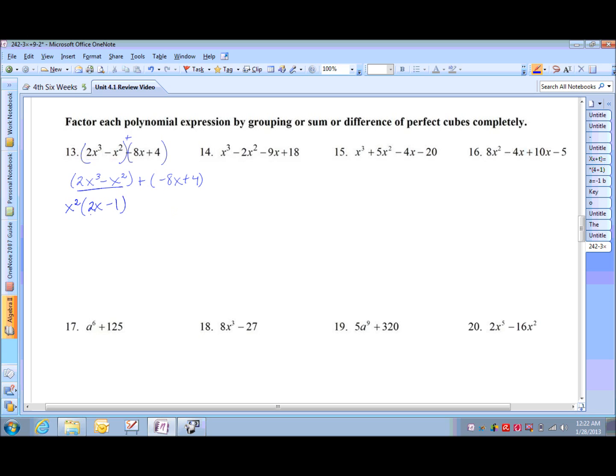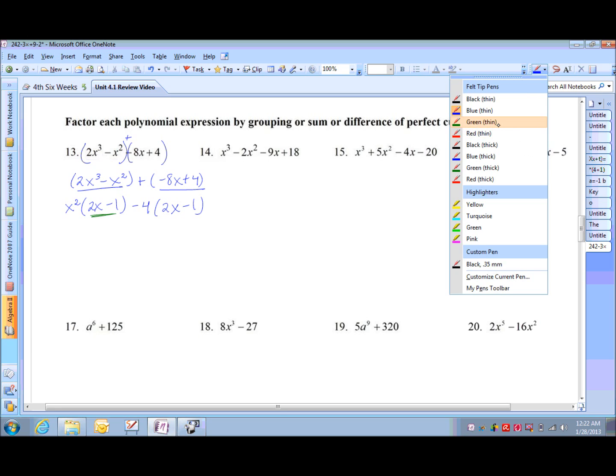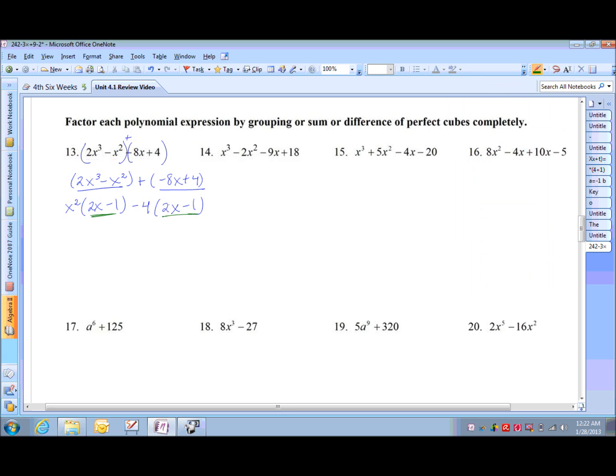Okay, and the whole goal is to get the second set of parentheses, when we pull it out, to be left with 2x minus 1 also. So we can pull out of this set of parentheses a negative 4 in order to get that 2x minus 1 on this set of parentheses also. Okay, so now we recognize that's what we wanted. We wanted these two things to be the same. So now what we can do is pull out what these two terms have in common, which is 2x minus 1.